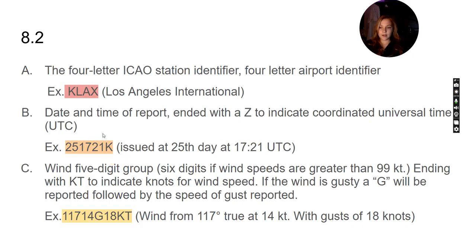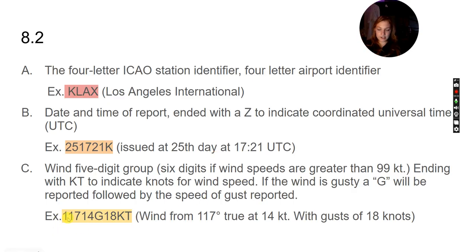So now we get the wind, which is a 5-digit group, 6 digits if the wind is greater than 99 knots, ending with KT to indicate knots for wind speed. If the wind is gusty, a G will be reported following the speed, with the gust speed after it.